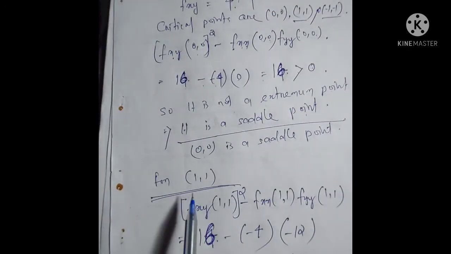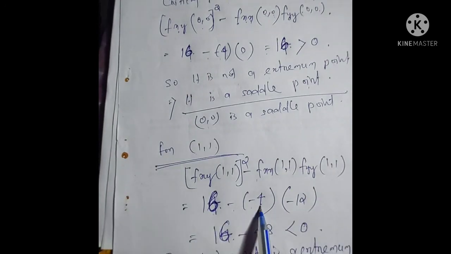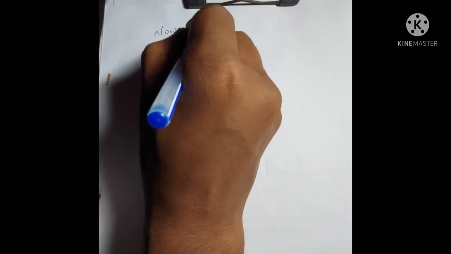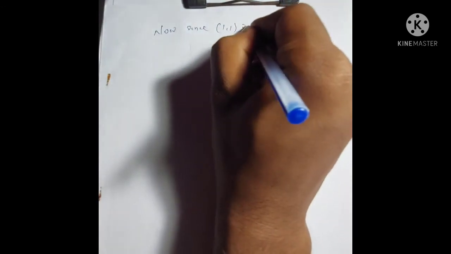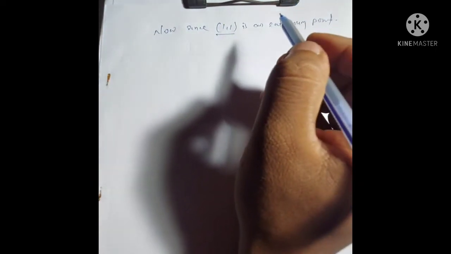Now, for critical point (1, 1), f of xy (1, 1) whole square minus f of xx (1, 1) into f of yy (1, 1) is equal to 16 minus minus 4 into minus 12, which is equal to 16 minus 48, which is clearly less than 0. So, the point (1, 1) is an extremum point. Since the point (1, 1) is an extremum point, we have to check whether it is a point of local maximum or local minimum.